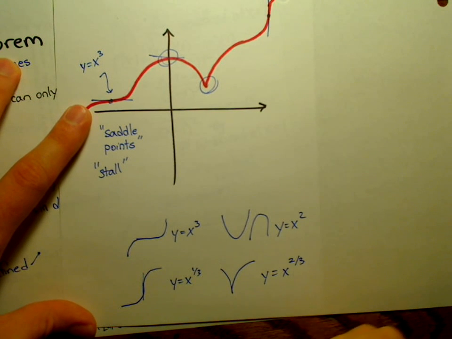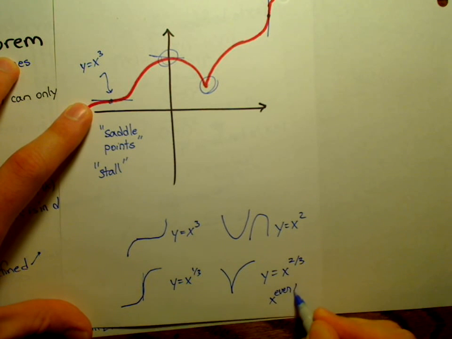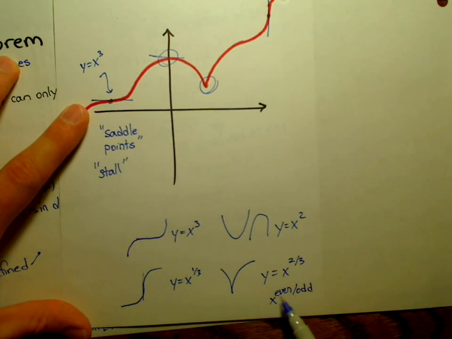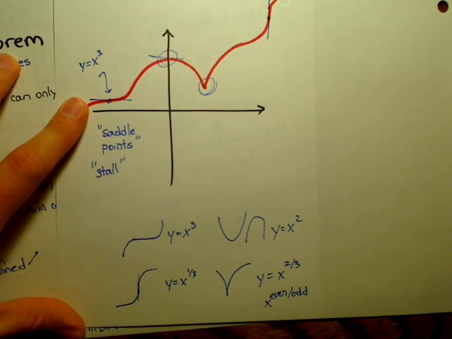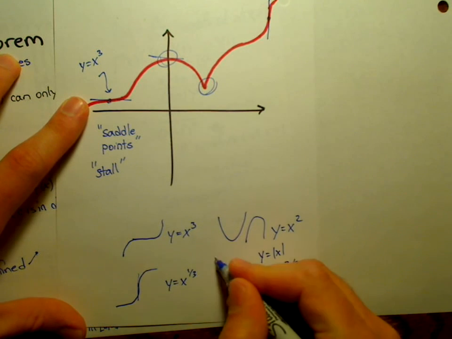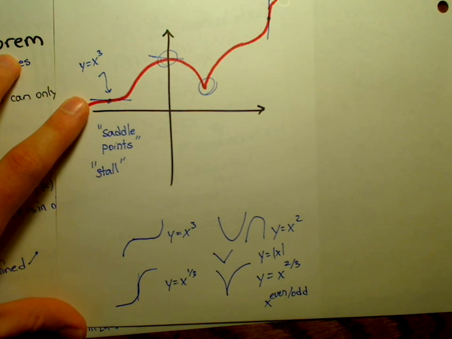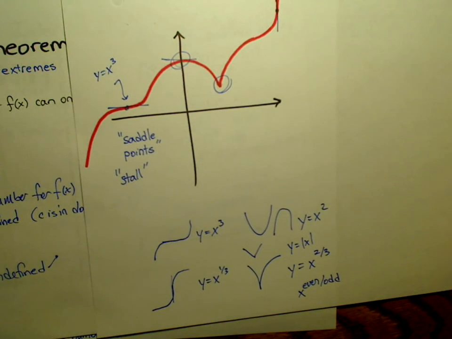That's something that will induce that. And it's x to the even over odd. We'll tend to do that, 4/5, 6/11 would have this kind of pointiness to them. Also absolute value. Absolute value will also do that. It'll be a minimum without the derivative being there.